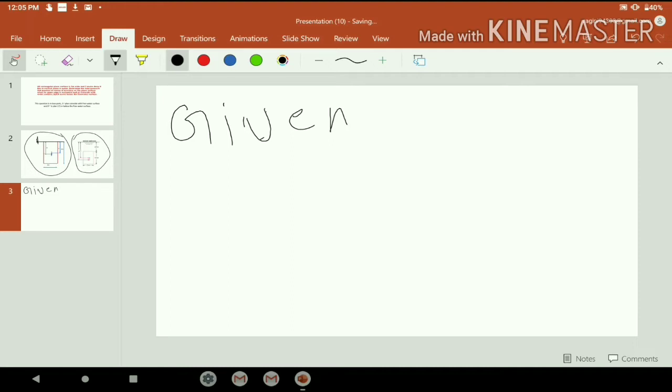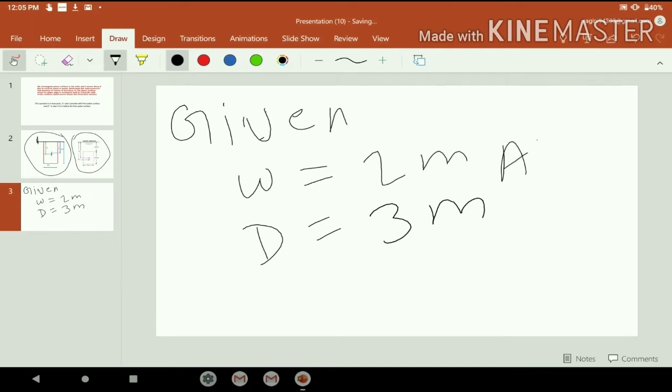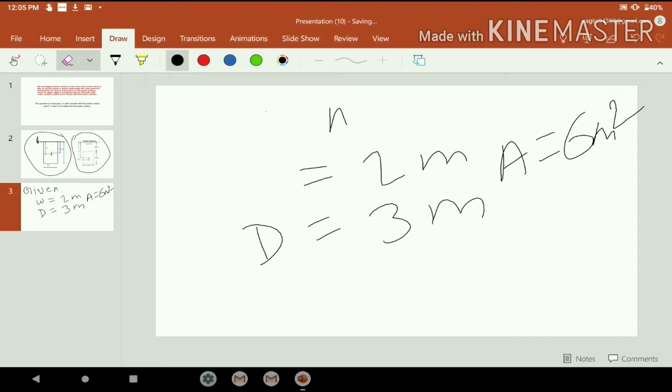Plate dimensions: width is equal to 2 meter, depth equal to 3 meter. It means that area equals 6 meter square.